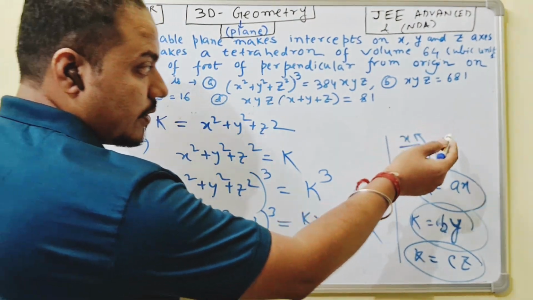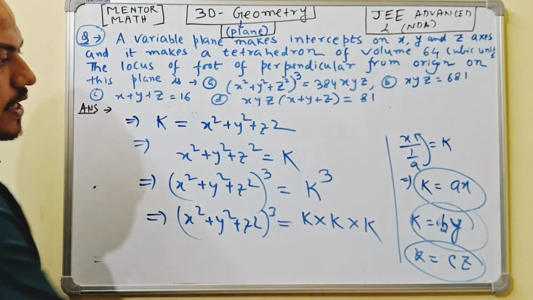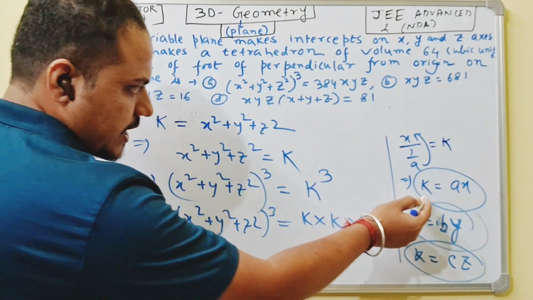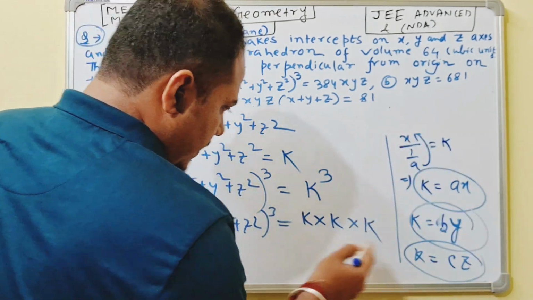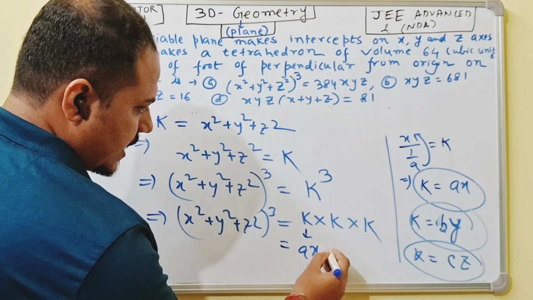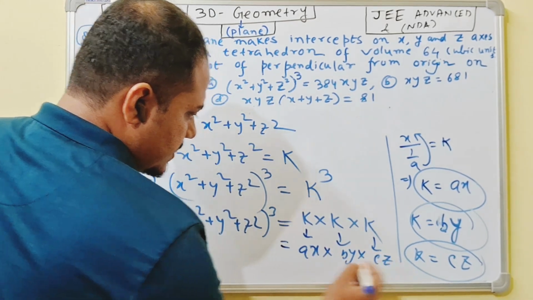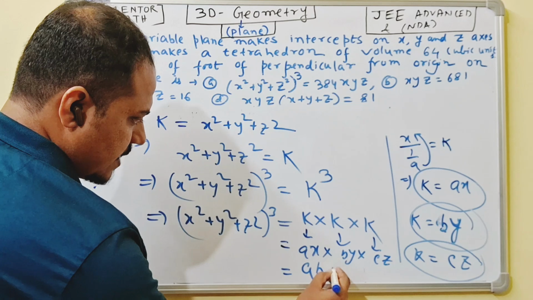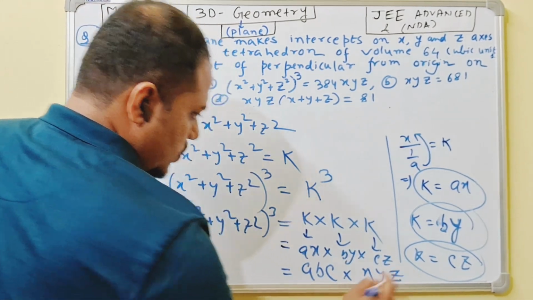So you can take from those expressions, x by 1 by a is equal to k, y by 1 by b is equal to k, and similarly the third expression. From those three expressions, k is equal to ax, k is equal to by, k is equal to cz, so we can substitute that here. k means you can write ax, k means you can write by, k means you can write cz. So that expression gives abc into x into y into z.